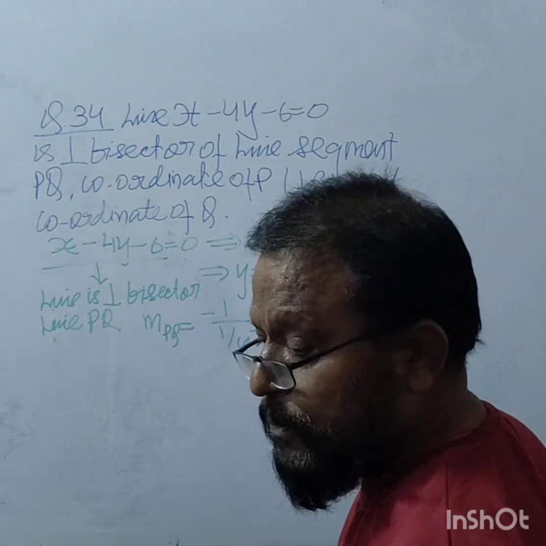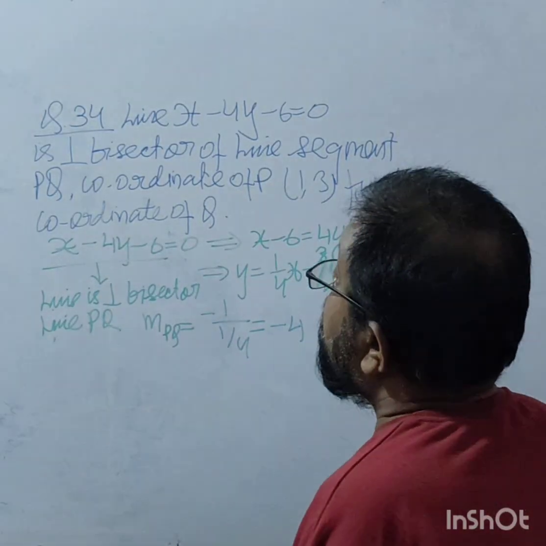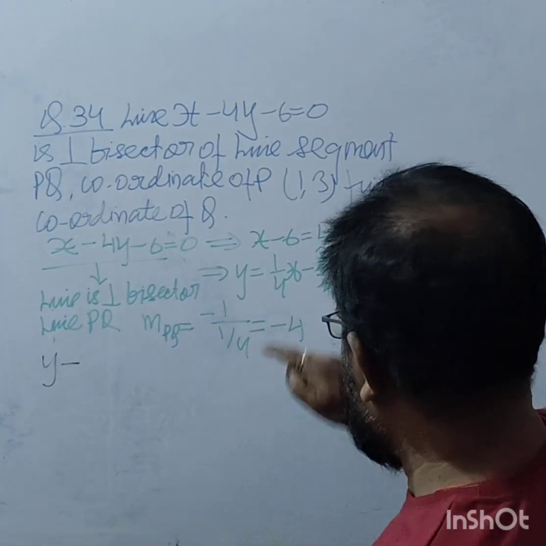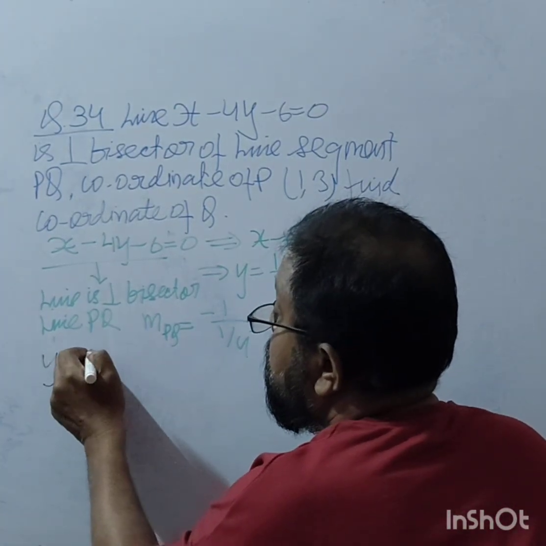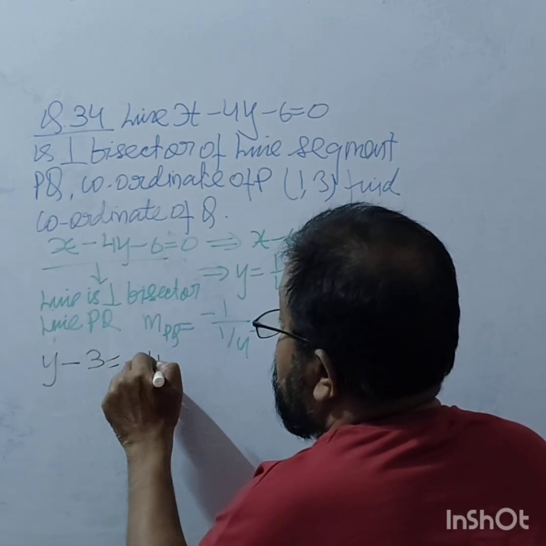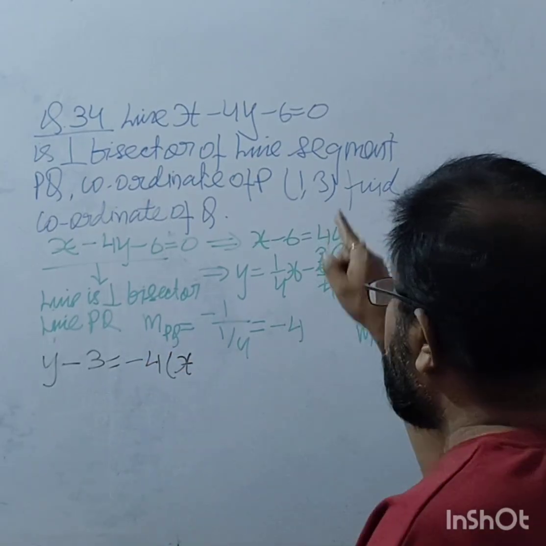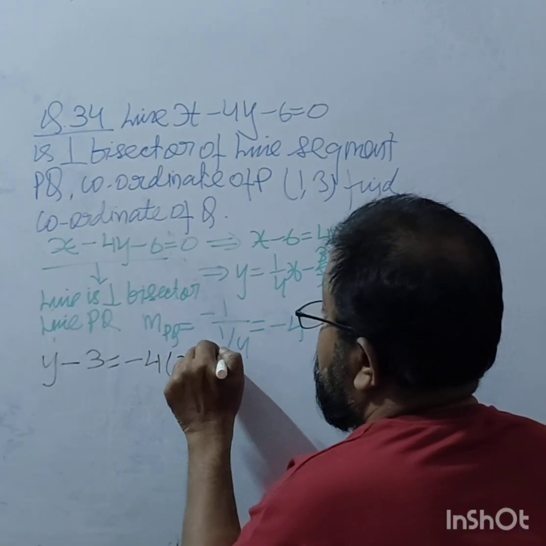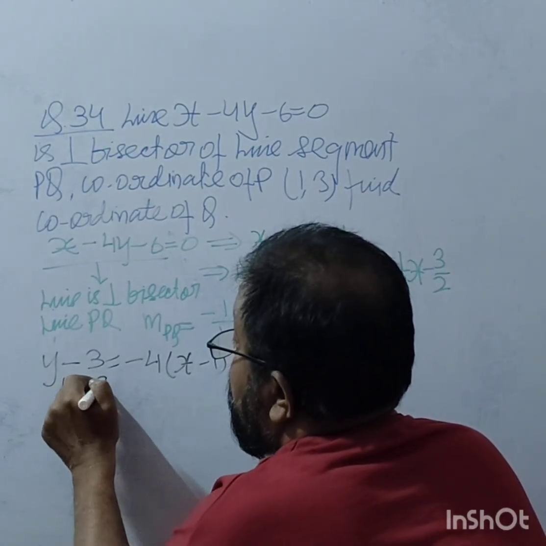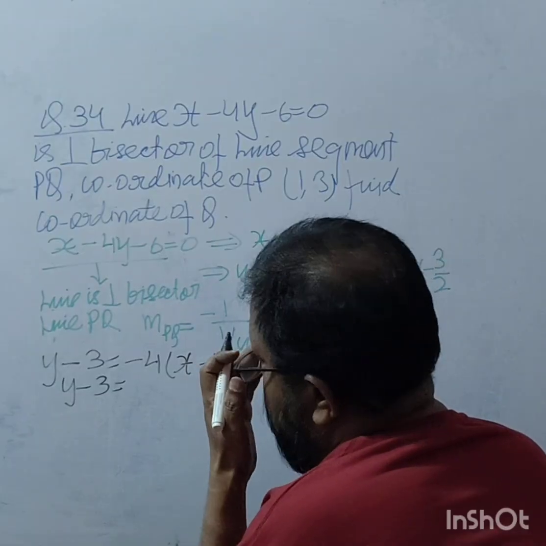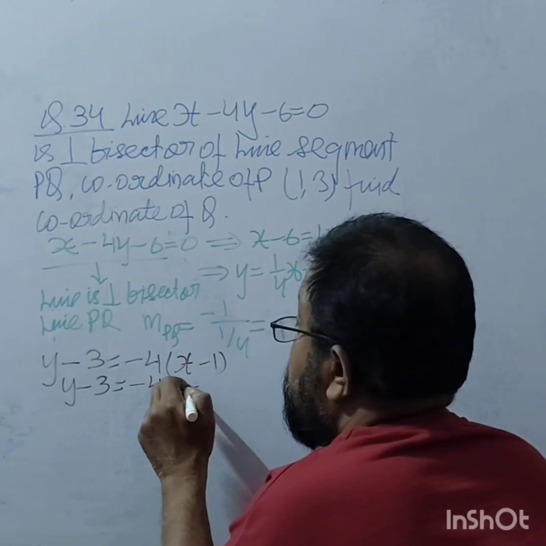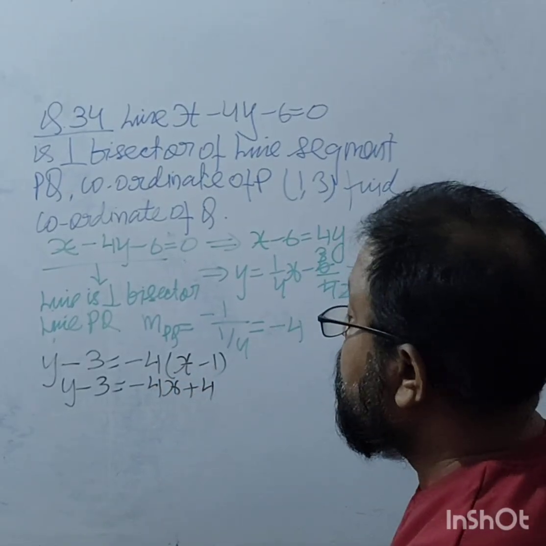So now the equation of line: y minus 3 is equal to minus 4 bracket x minus 1, right? So it is y minus 3 is equal to minus 4x plus 4, right?